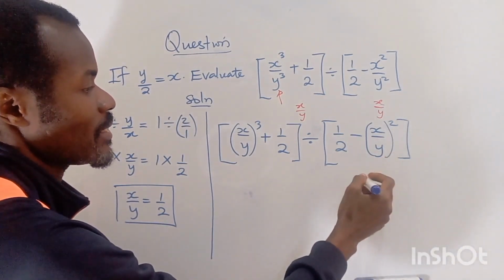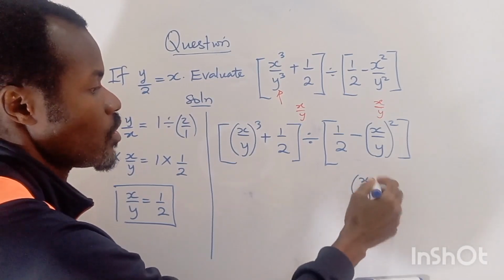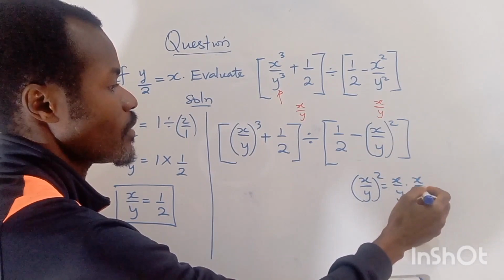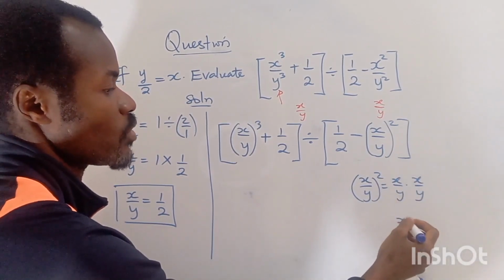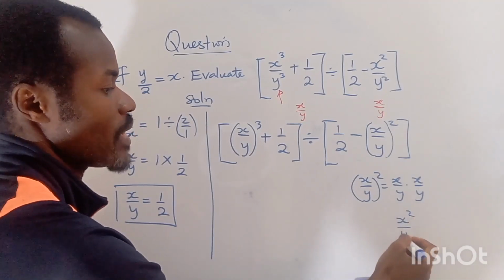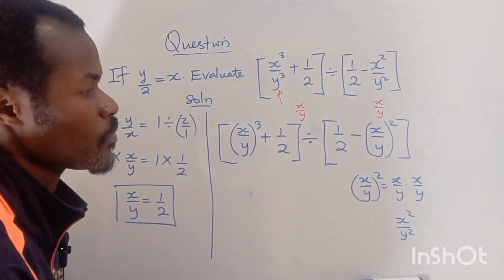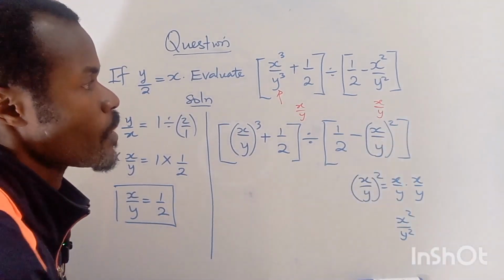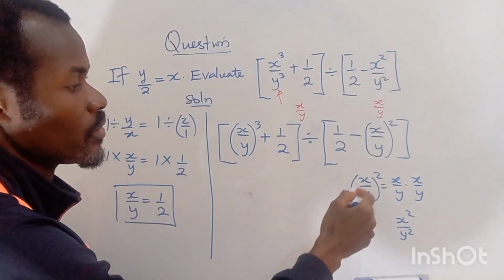Now, for instance, if I have x over y all squared, which means x over y multiplied by x over y. x times x is x squared, and y times y is y squared. So this also means this.